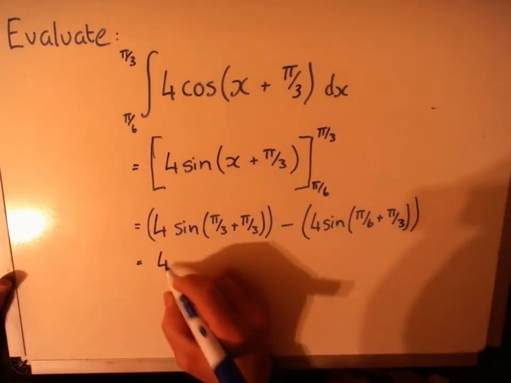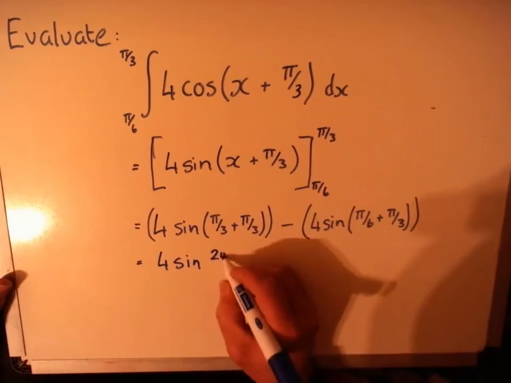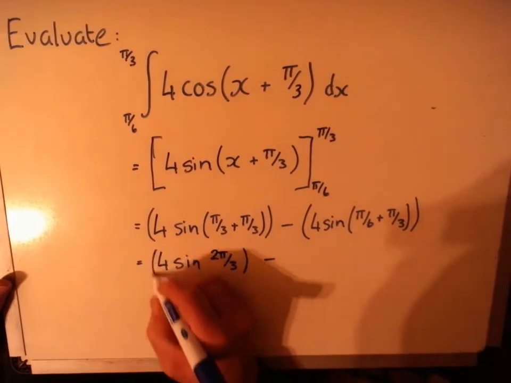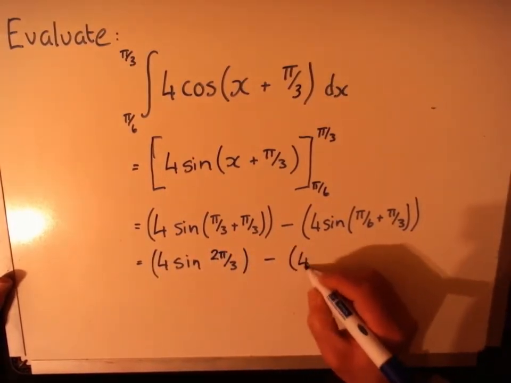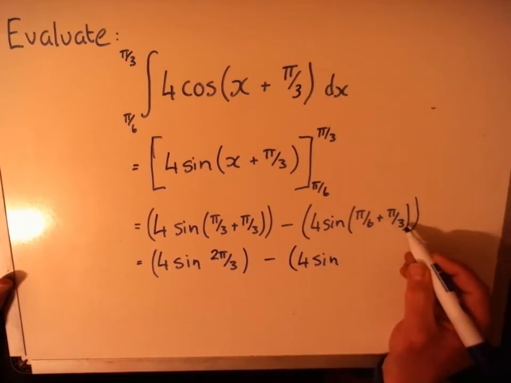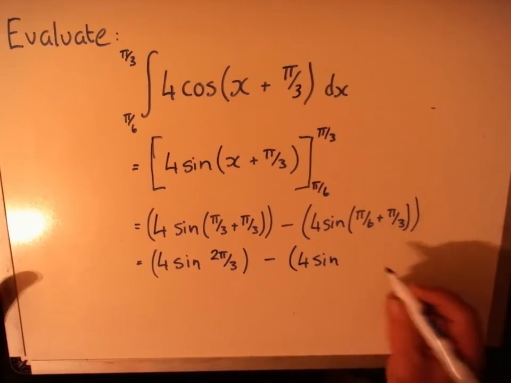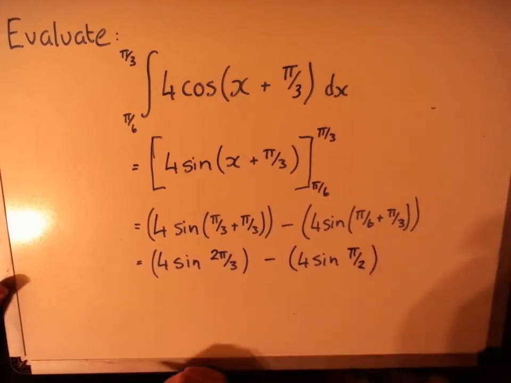So 4 sin(π/3 + π/3) is just 4 sin(2π/3). And we're going to subtract from that, I'll just keep that in a bracket just now, 4 sin of, if I change it to sixths, 2π/6 plus π/6, so that's giving me 3π/6, but we know that that's the same as π/2.